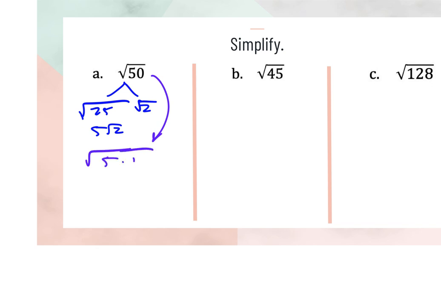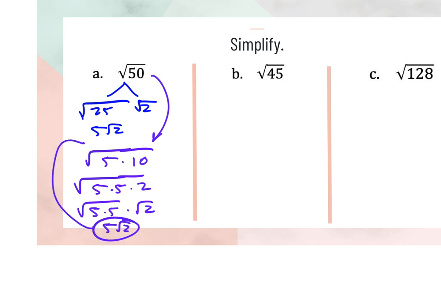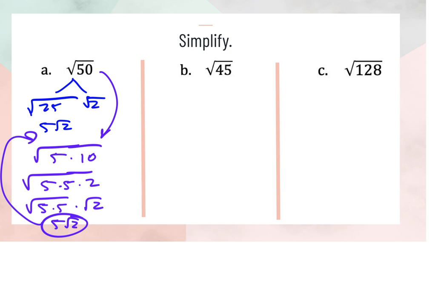Most kids would realize I can split that into 5 and 10. You can keep going: 5 times 5 times 2, then split the 5 times 5, and I get the same answer. So I'm not in trouble if I don't guess it right away.